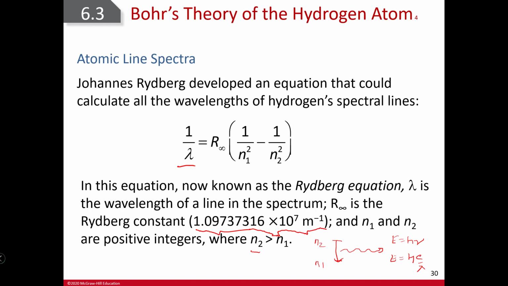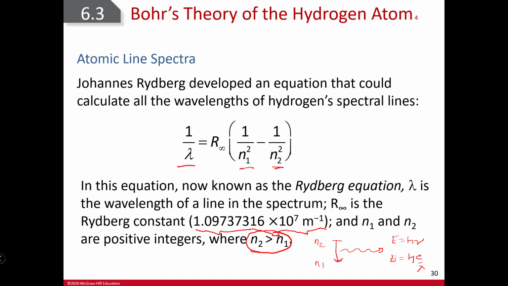So, what I want you to know is I'm not asking you to memorize this equation. I'm not asking you to memorize Rydberg's constant. I do want you to be aware that N2 is always greater than N1. All right? That's important. Make sure you understand this part. And you're going to have calculations on this in your homework, and you're also going to have calculations in your quiz on this.